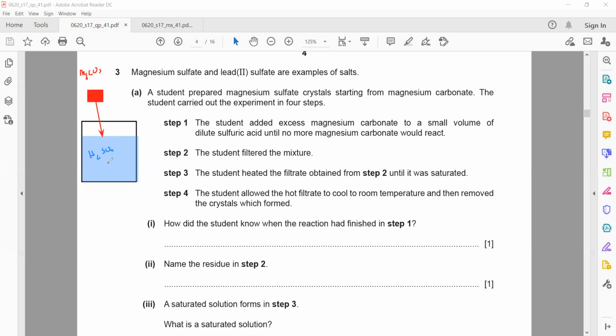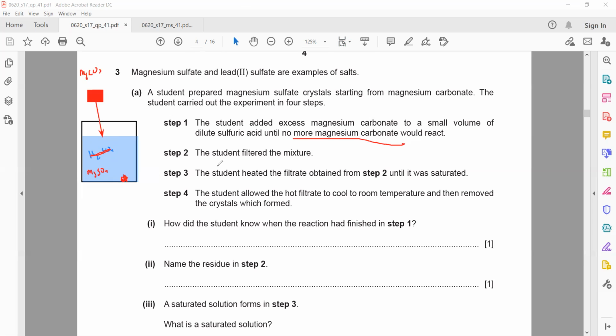When you add magnesium carbonate and the reaction occurs, once the sulfuric acid is used up, the solution will become magnesium sulfate. You add excess magnesium carbonate, so unreacted magnesium carbonate will be left.